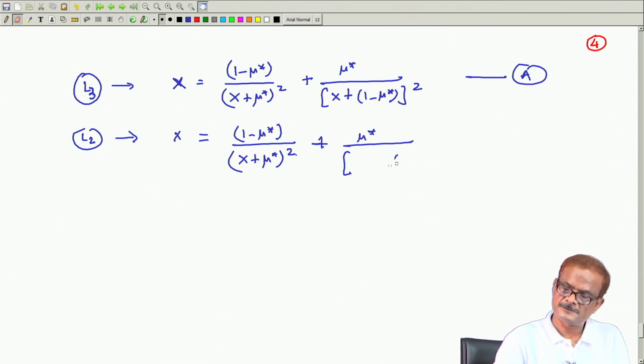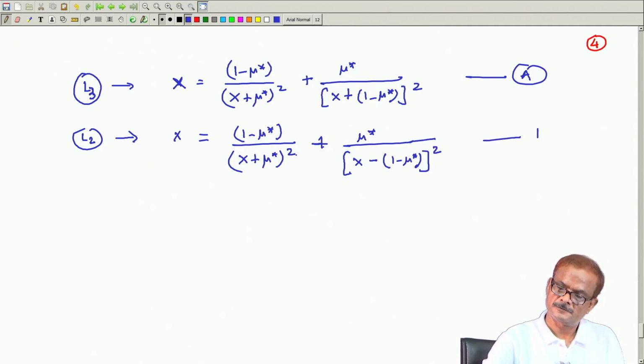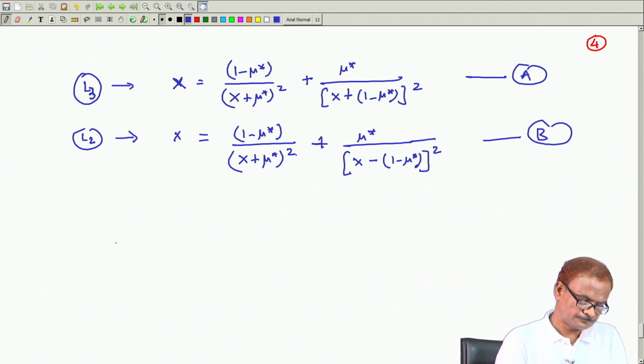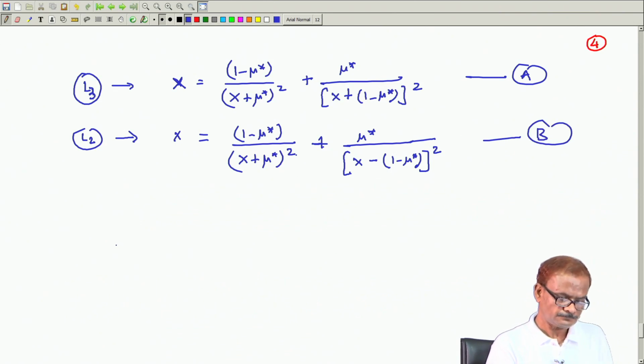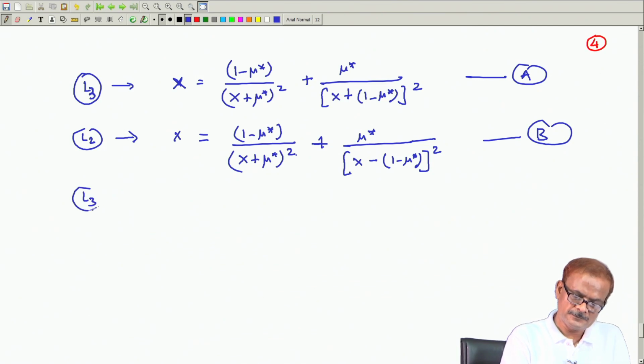X minus, this is x minus whole square, and the third one.